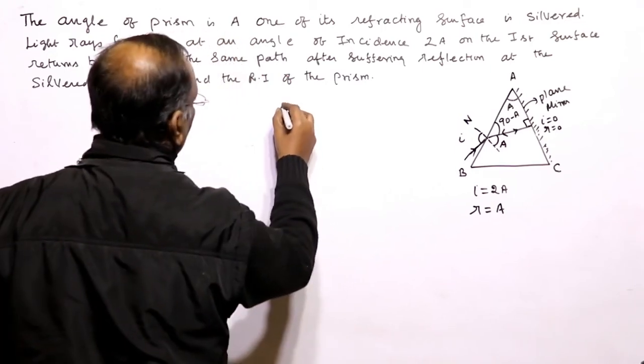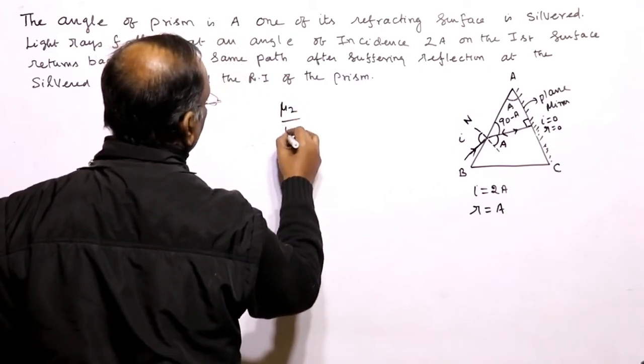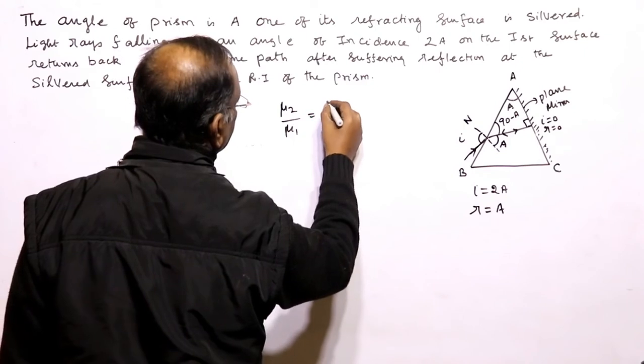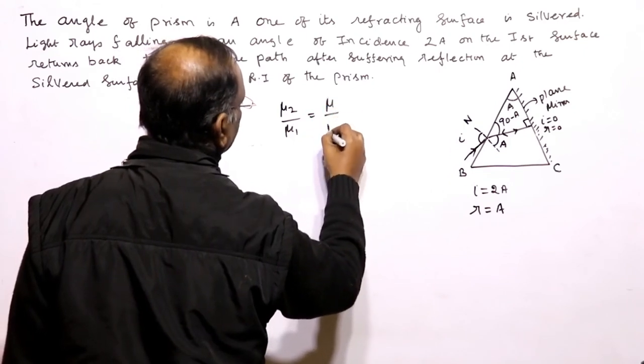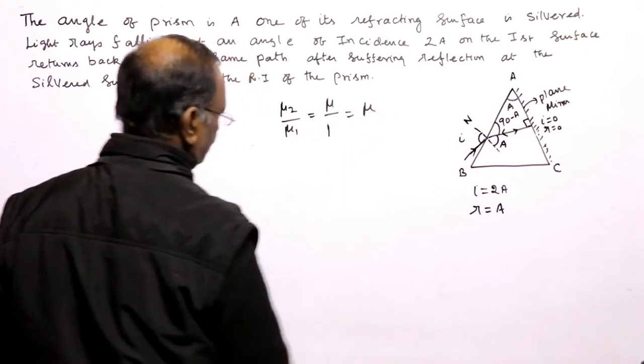So we can take mu2 by mu1 as the refractive index of the prism relative to air, which is equal to mu.